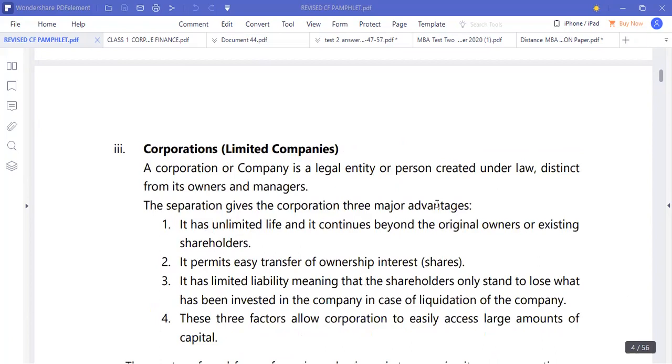And we have what are called corporations or companies, which are created under law, where we distinguish the owners and the managers of the business. Here we see that these have unlimited life and limited liability. The ownership of an individual who owns the business is distinct from the actual company itself. So we have a separate legal entity. This kind of business transfers ownership by sale of shares.